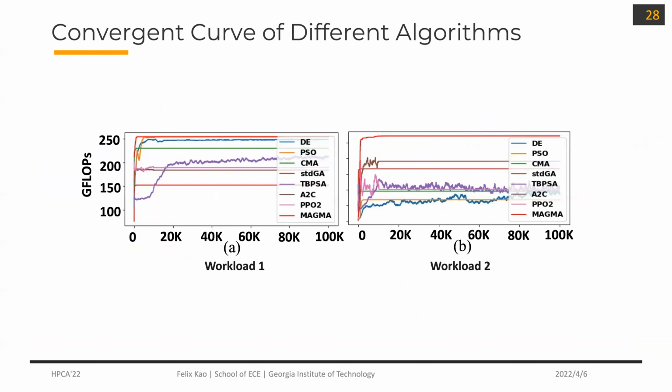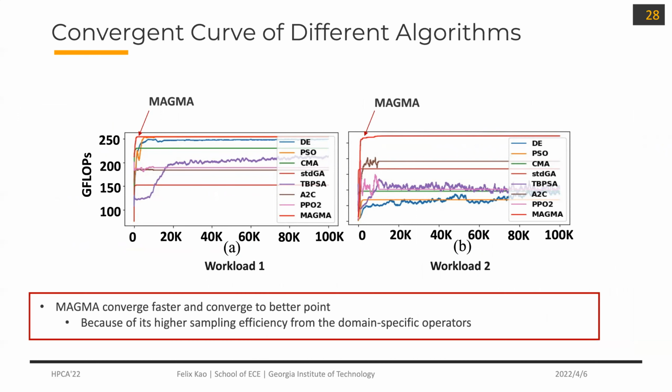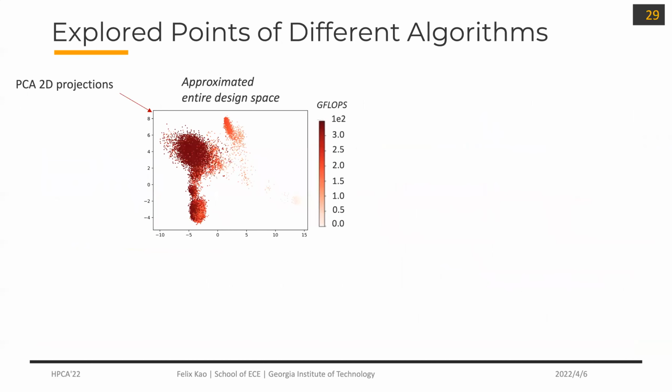Here we show the convergence curve of 2 workloads. We can see MAGMA converges faster and to a better point because of its higher sampling efficiency from the domain-specific operators. To understand how different algorithms explore the design space, we visualize them on a 2D plot by PCA projection. Each dot means one design point in the design space. The darker the color, the higher the performance.